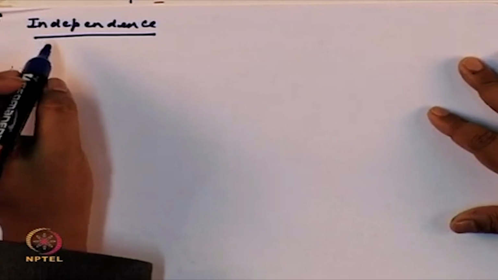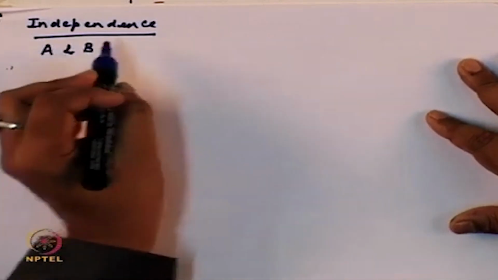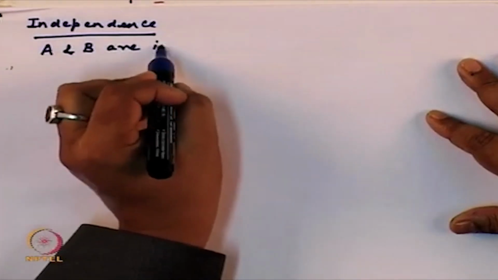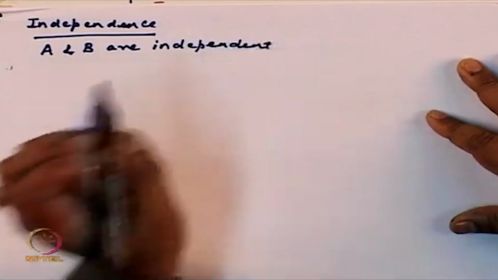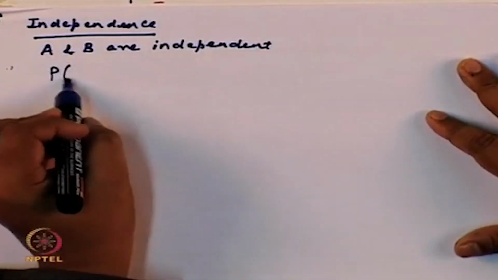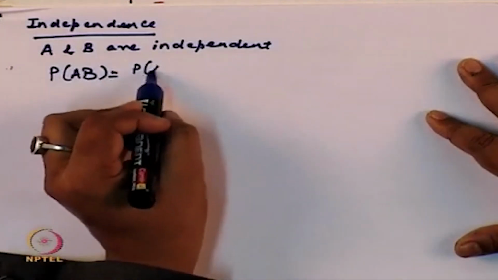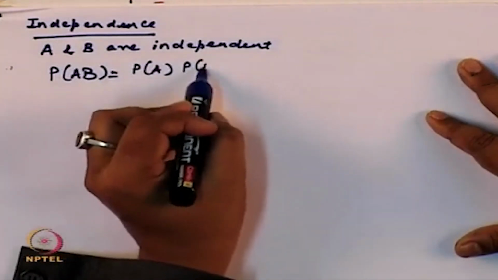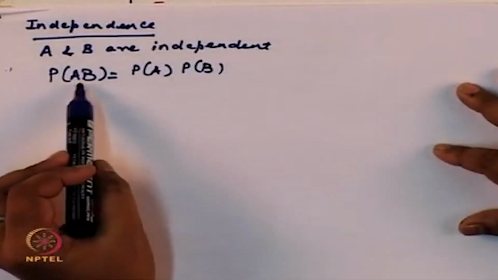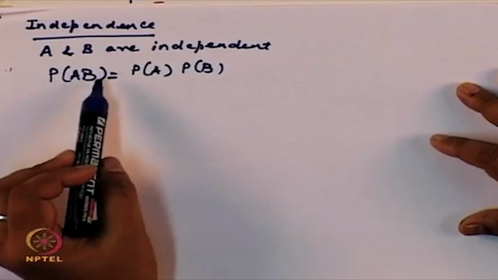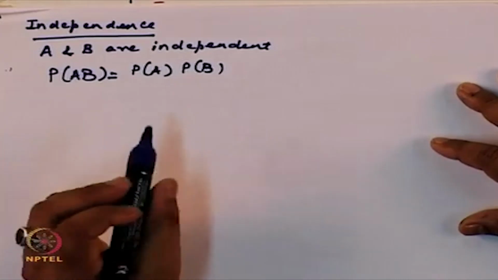When two events A and B are independent, I can write the probability of AB is equal to the probability of A into the probability of B. Because there is no dependence of A on B and vice versa, you can separate it out into two individual probabilities itself.